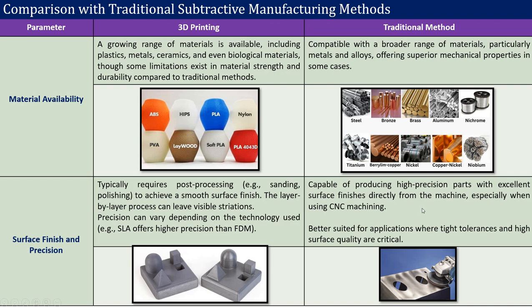And if the material doesn't meet the required dimensions, then we have to change the parts and repeat the same process. That means the traditional method is not a cost effective process. While in 3D printing we can easily replace that part with a second print.